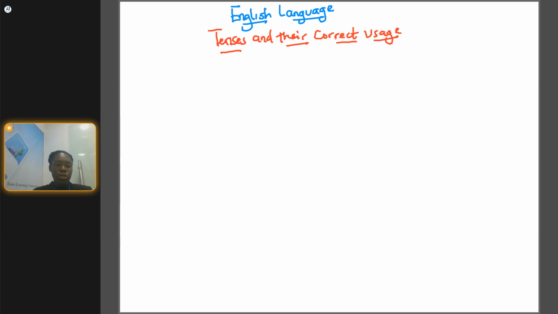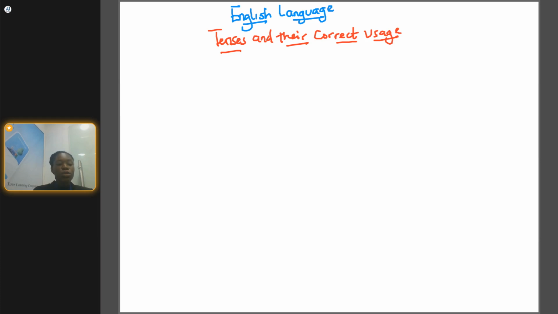There were some rules that we looked at. The first basic rule is singular subject, singular verb, plural subject, plural verb. When there's a singular subject, there has to be a singular verb, and when we have a plural subject, we should have a plural verb.